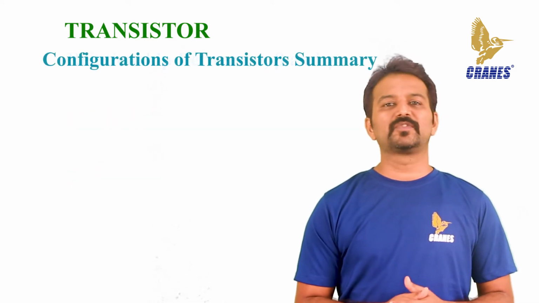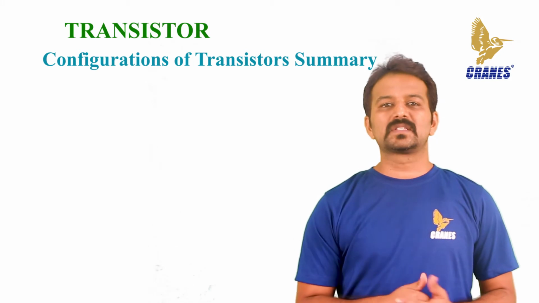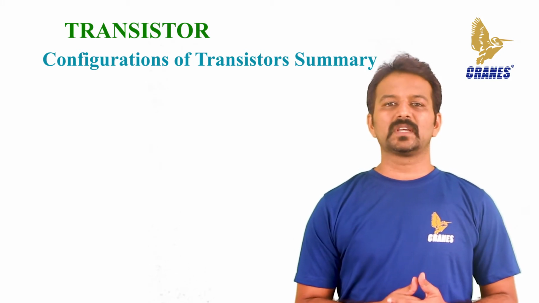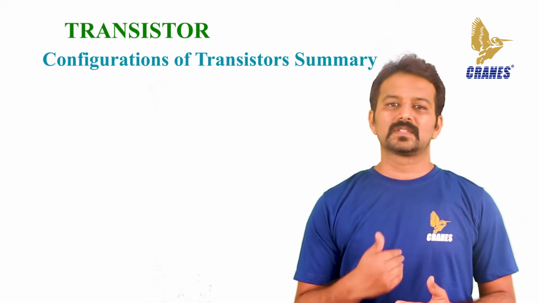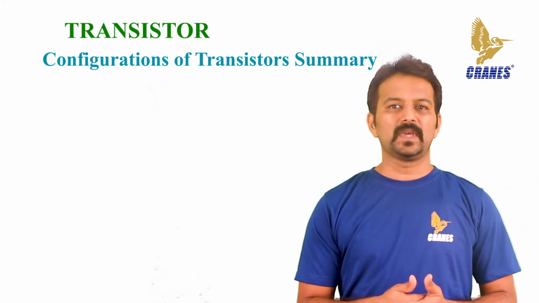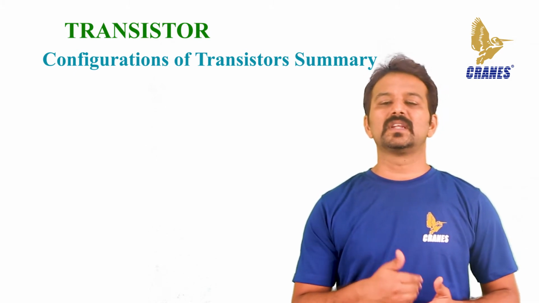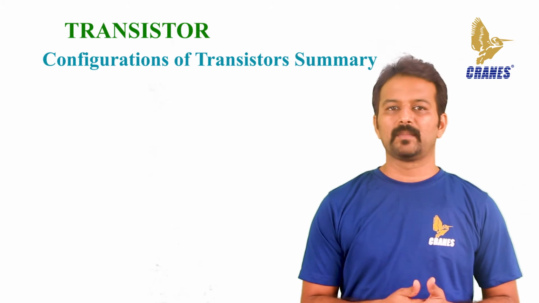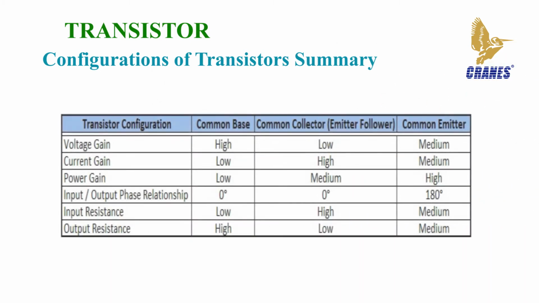The configurations of the transistor summary. When the transistor is connected in any of the three basic configurations such as CE, CB and CC, there is a relationship between alpha, beta and gamma. So these relationships are as shown. The table which gives the main characteristics of a transistor in the three configurations is given above.